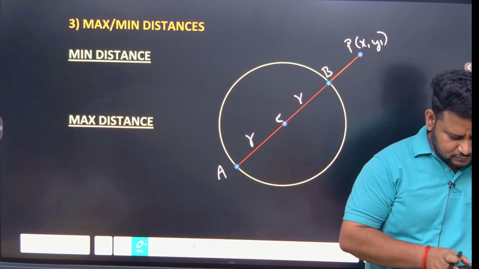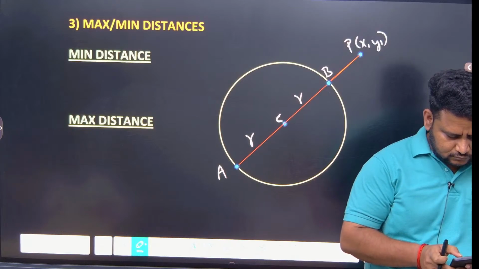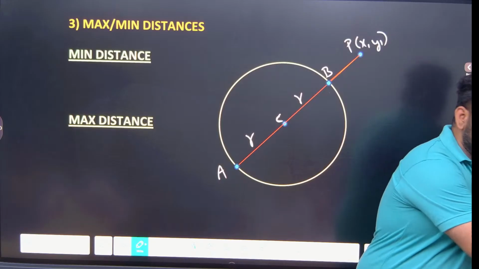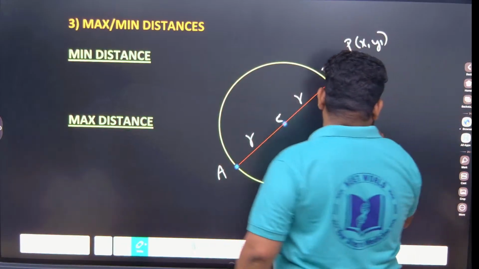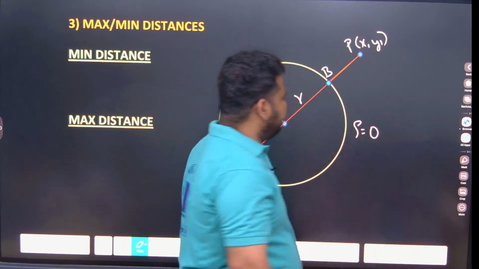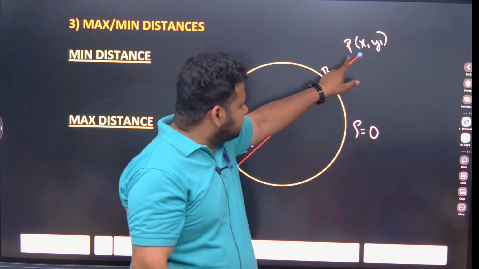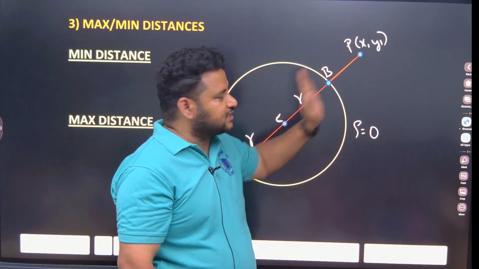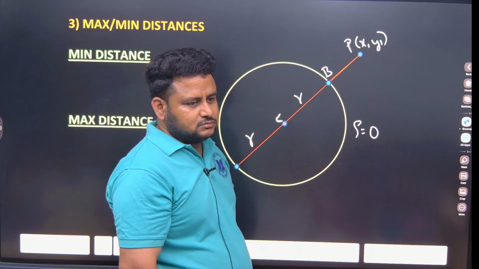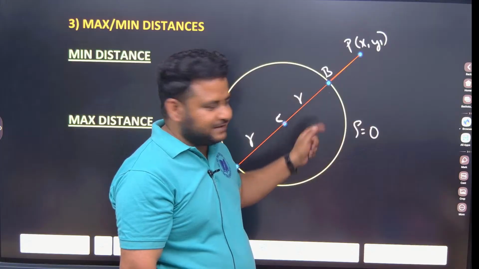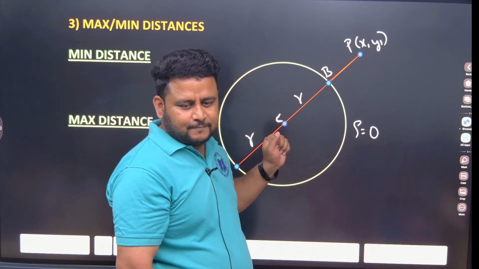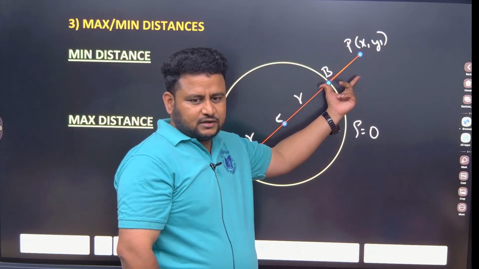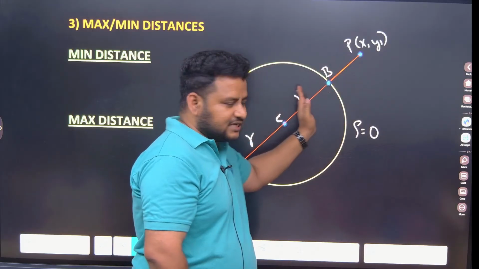Suppose this is the circle, S is equal to 0, and this is the point P. What is the minimum distance to the circle? B is a point, right? P to B, is there any distance we can say? What we will say is PC minus r.